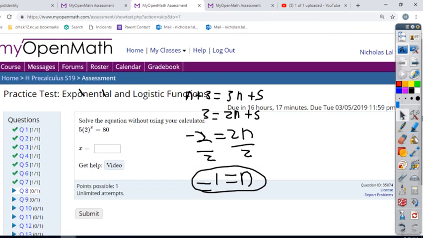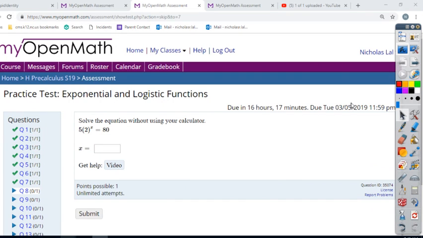Question 8. Solve the equation. I guess they don't want us to use our calculator, so let's do 80 divided by 5. Well, 5 times 8 is 40, so 5 times 16 is 80. So divide each side by 5, and I'll have 2 to the x is equal to 16.